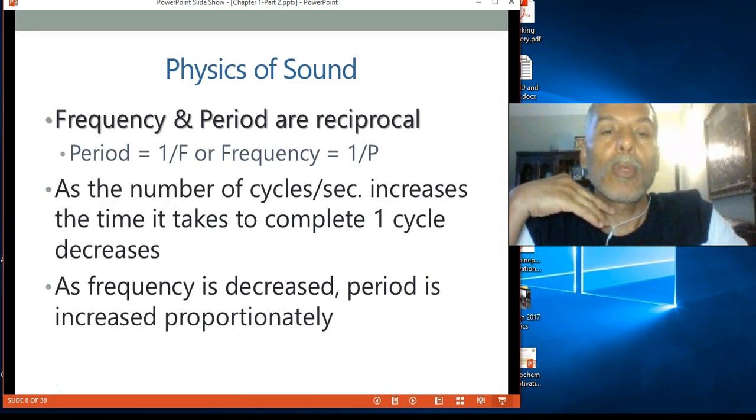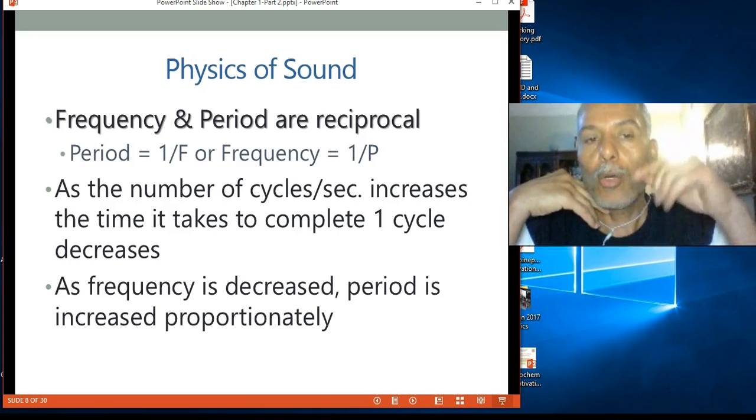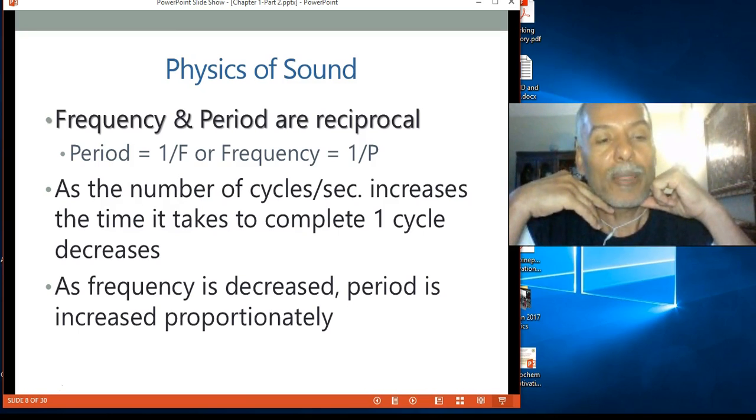Let's say I don't know how many times my vocal folds vibrate per second, and all I know is how long it takes for 1 single vibration that my vocal folds make.